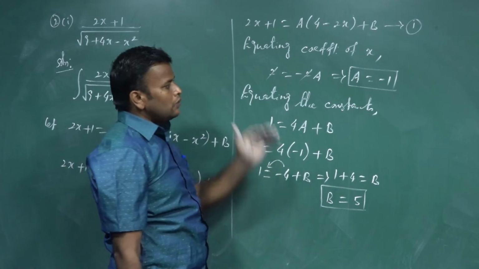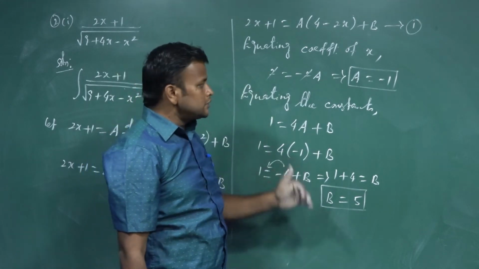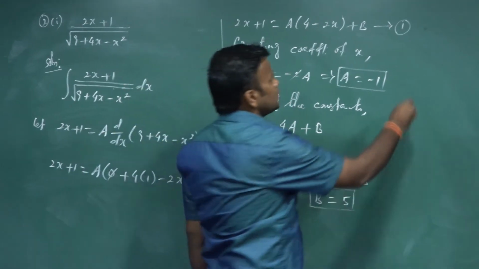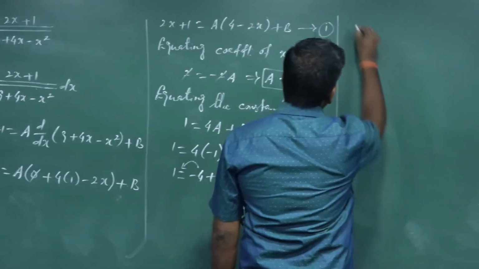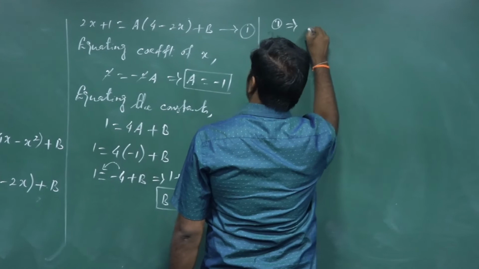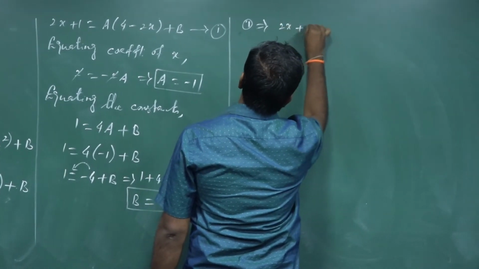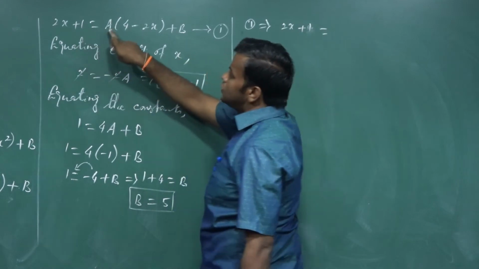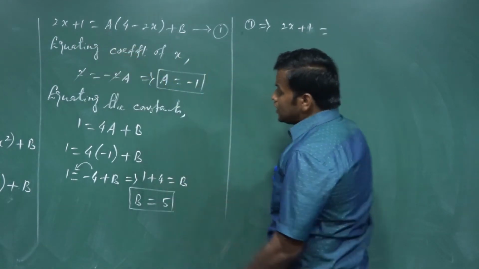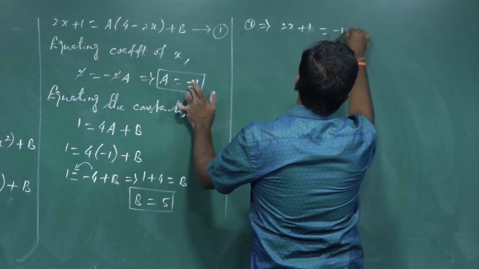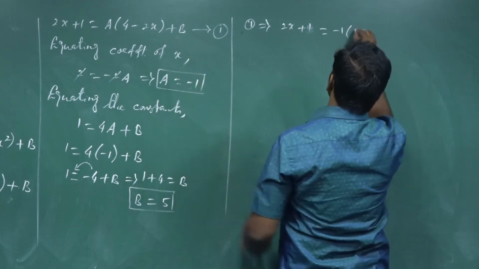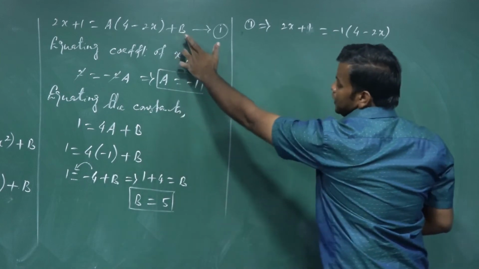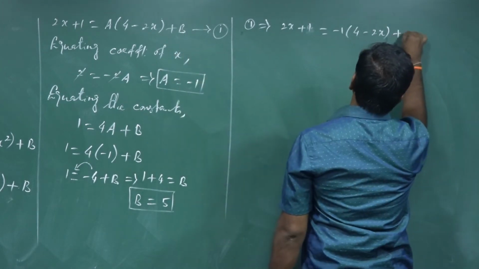So we find the value of a and b. The next step is to substitute this value of a and b in equation 1. So 1 gives 2x plus 1 is equal to a, the value of a is minus 1, minus 1 of 4 minus 2x plus b, the value of b is 5.